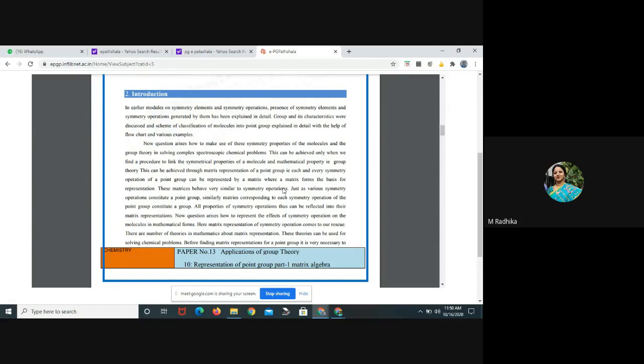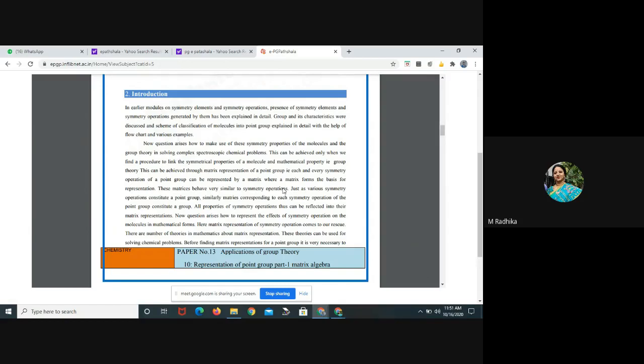The matrix will also have a similar property. The main symmetry operations are rotation, identity, inversion, and Sn. You have five symmetry elements.